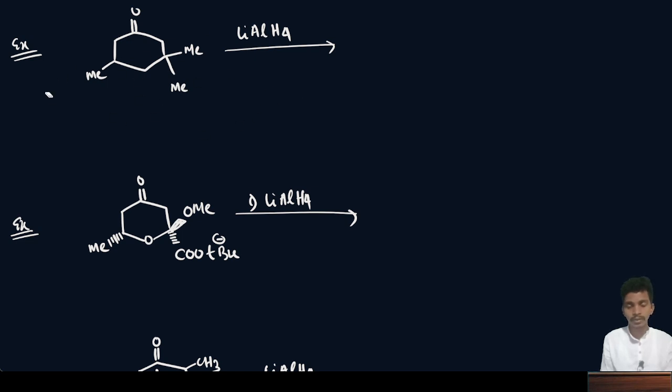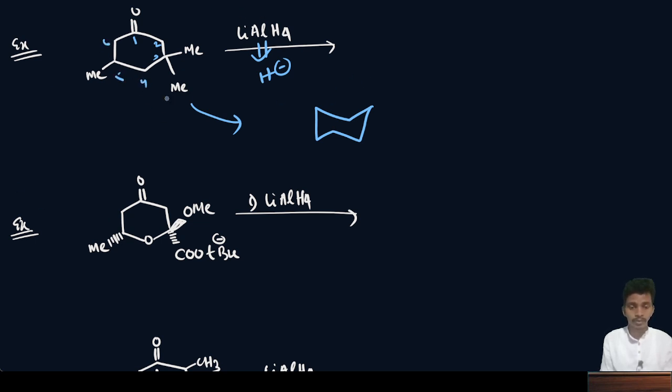In this question, lithium aluminum hydride is there, so this is the less bulky reagent again. So here we will look at whether 1,3-diaxial interactions are present or not. For that, first we will convert this cyclohexane into the chair form. Name these 1, 2, 3, 4, 5, 6.